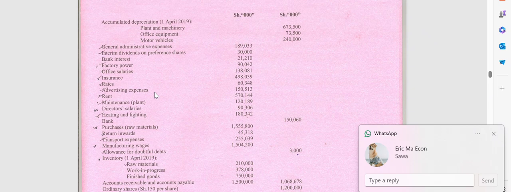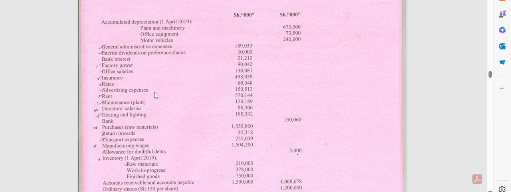Let's start with what we have in the trial balance, then we can merge with what we had computed. Any other cost that is not admin and distribution or finance should go to indirect manufacturing cost.